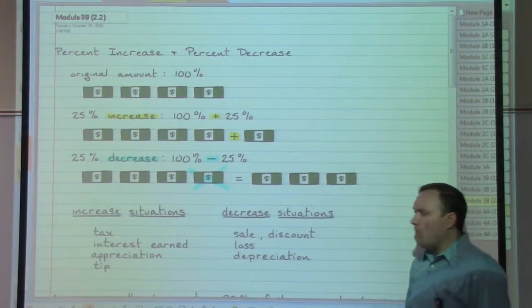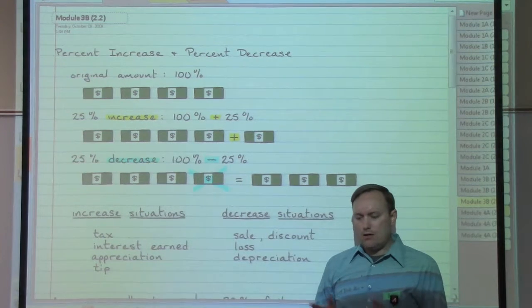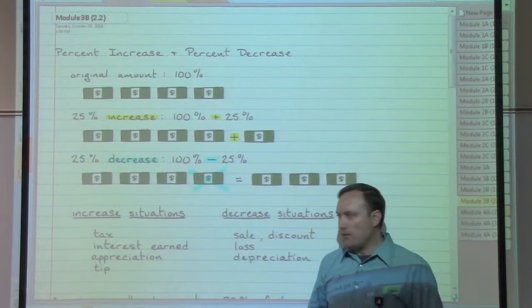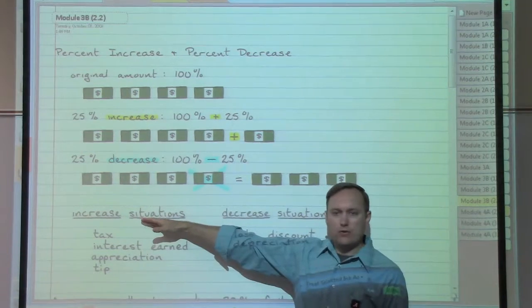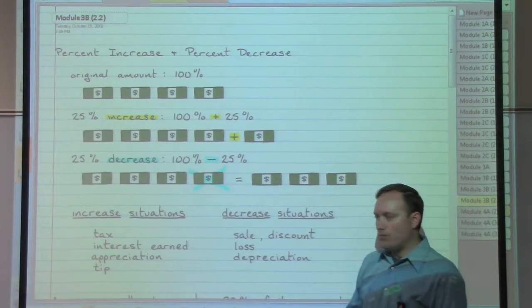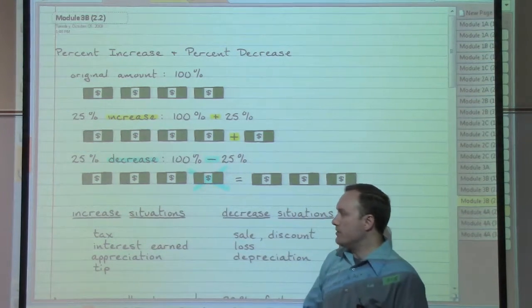And so what we've got are these key words and phrases that are going to lead us to, at the most basic level, are we talking about an increase situation or a decrease situation? So we want to look for the keywords and phrases that are going to point us in the proper direction.